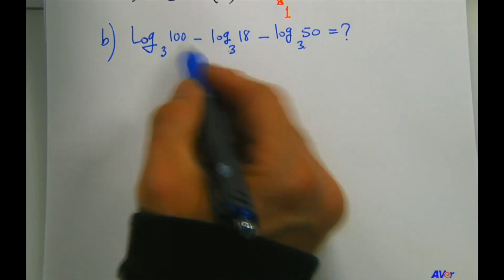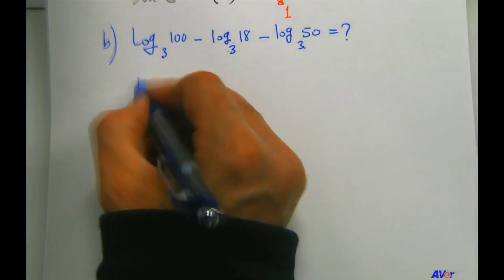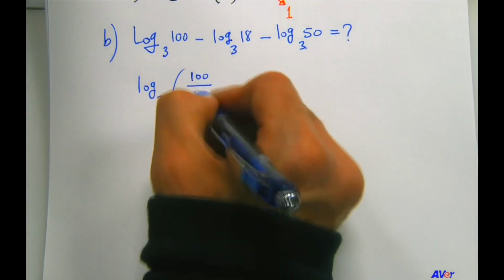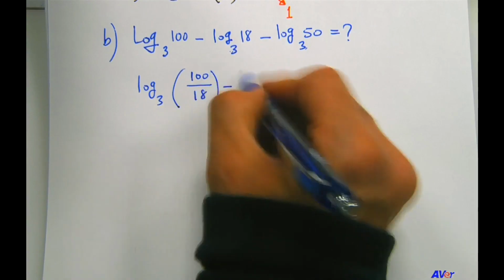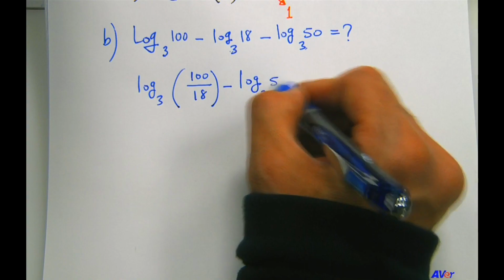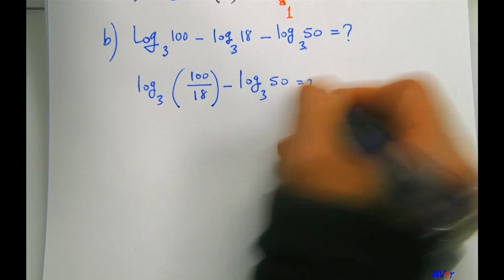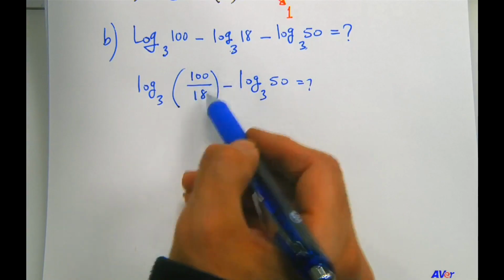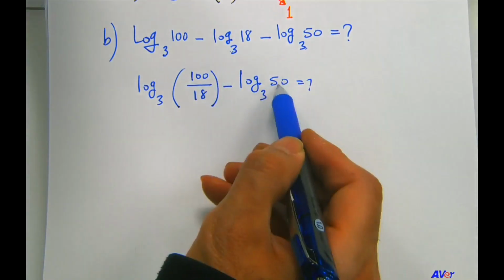So let's say this difference, we can change that to a quotient. So log to base 3 of 100 divided by 18, minus log to base 3 of 50. Now this is another difference, so we can take yet another ratio of this divided by 50.